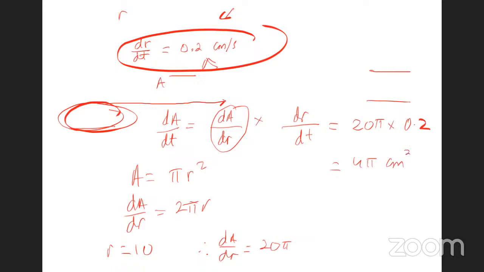It'll be centimeters squared per second. Are you okay with that? So the important thing is to see what you have to find and develop the equation. Copy it down.